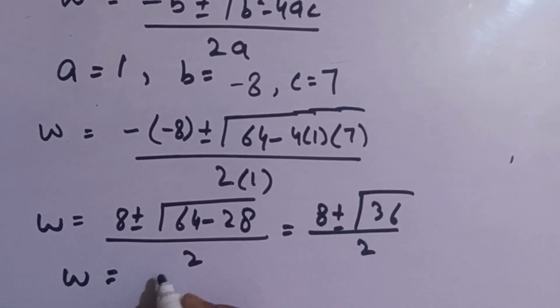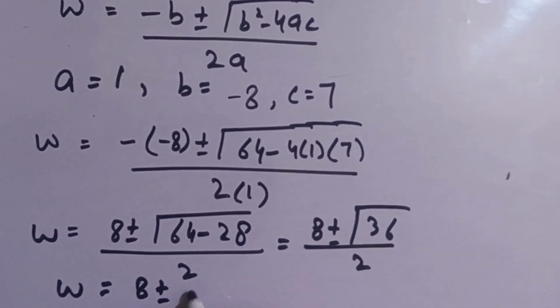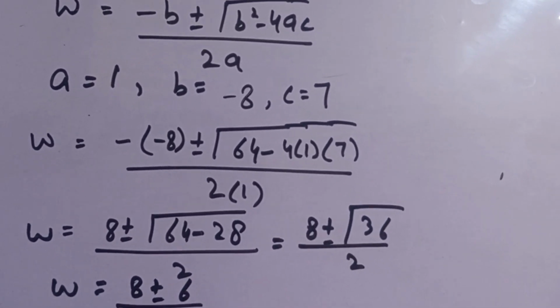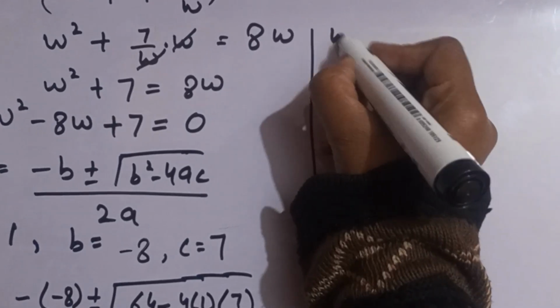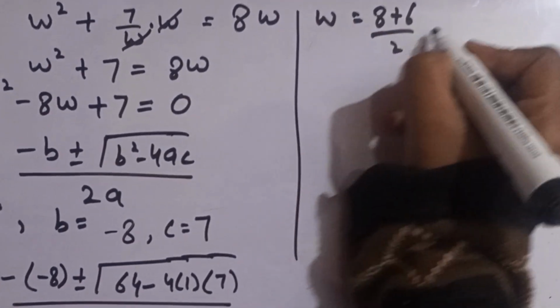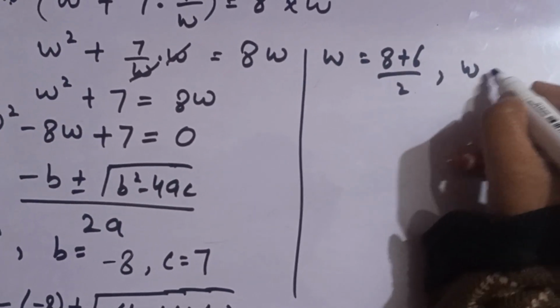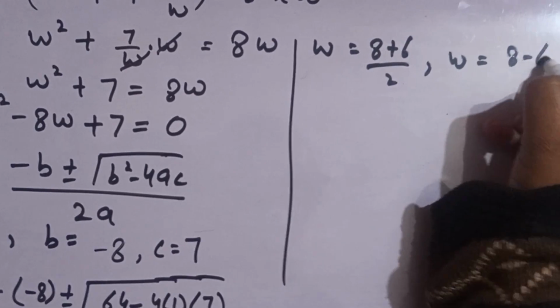So we have 8 plus minus square root of 36, which is 6, over 2. Now w is equal to 8 plus 6 over 2, and the second value is w is equal to 8 minus 6 over 2.